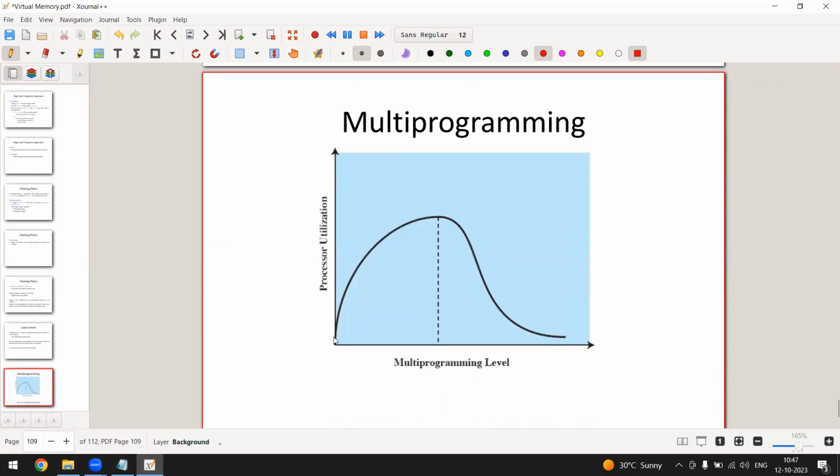When the multi-programming level is low, processor utilization is also low. As you increase it, processor utilization saturates, and then if you increase further, it will drop. So again, it's all about finding this optimal point. The conclusion is that neither too little nor too much; you have to find the ideal amount of multi-programming.